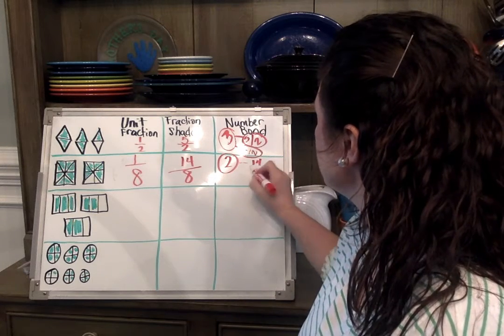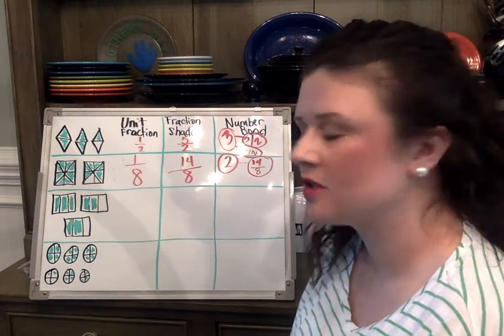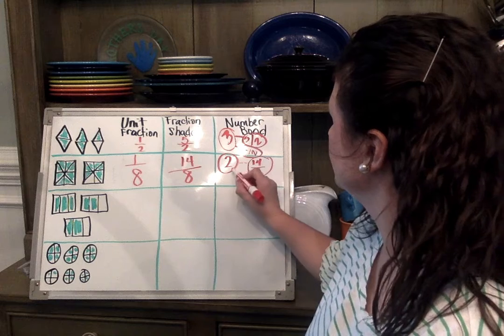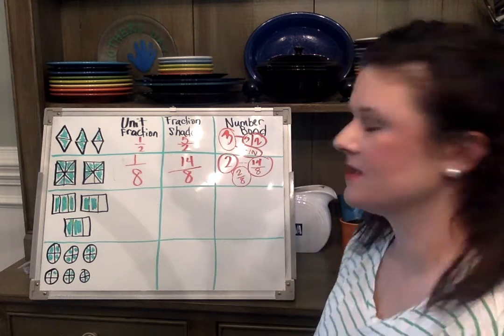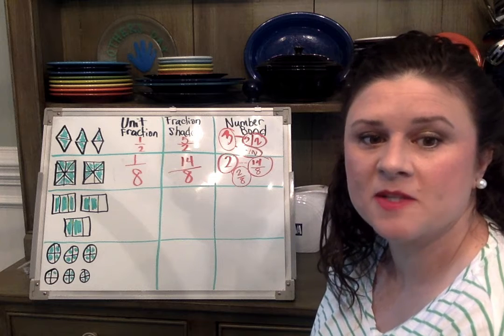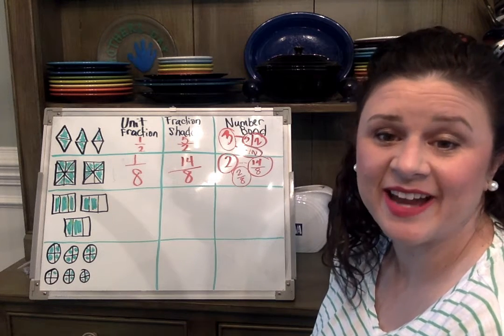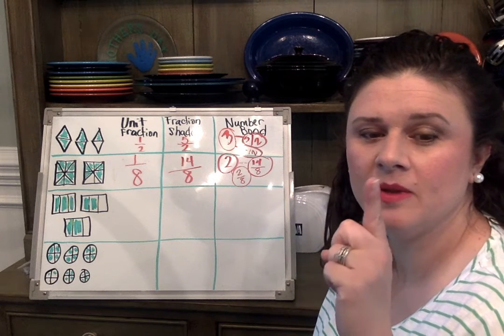That's right, 14 eighths. And what fraction represents the non-shaded portion? 2 eighths. And 2 eighths plus 14 eighths would be the same as 16 eighths, which would be the same as 1 whole.